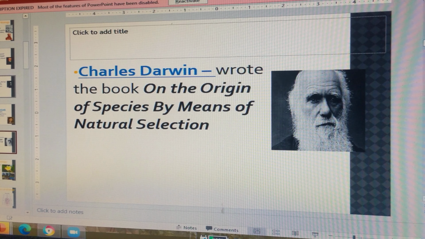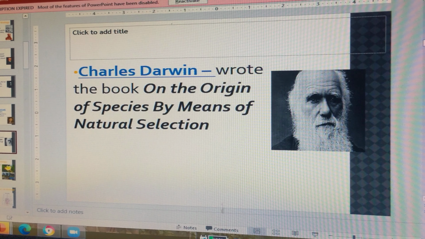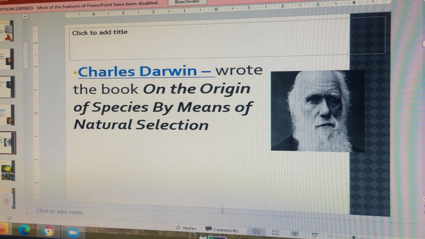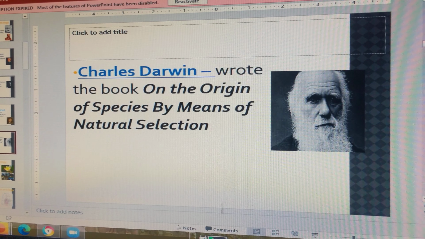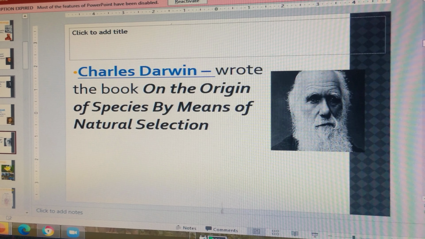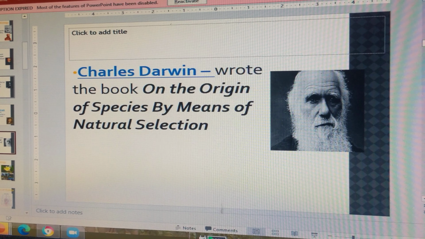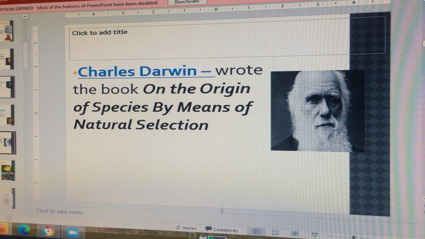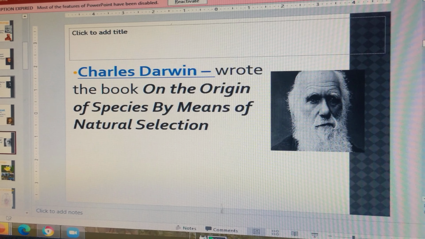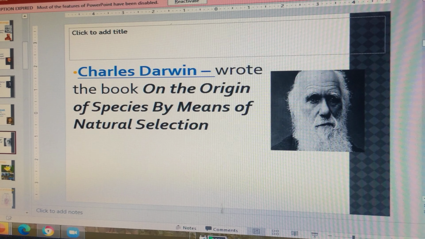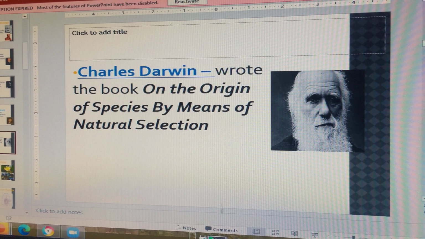So there are also lapses with the theory. Kaya nga until now hindi pa siya nagiging law of evolution because it's still a theory. So there are a lot of things to be discovered pa, a lot of things to know pa, if it really proves a truth with regards to the evolution.